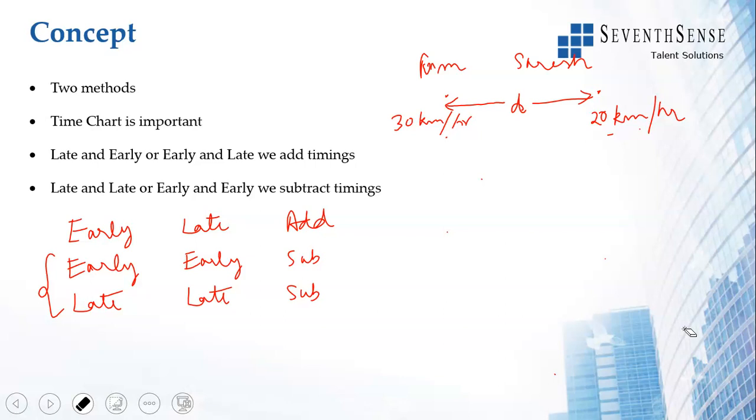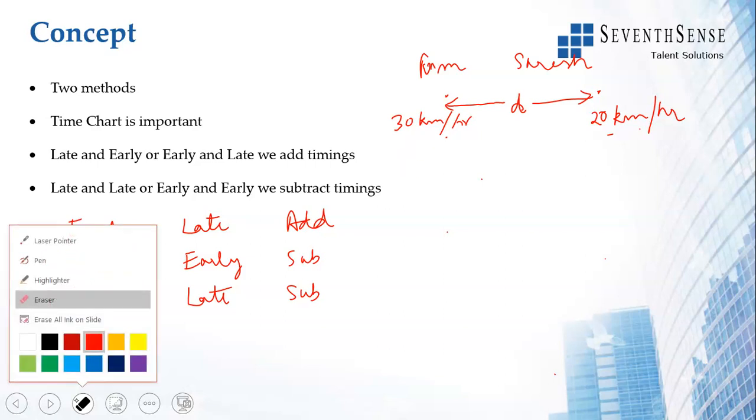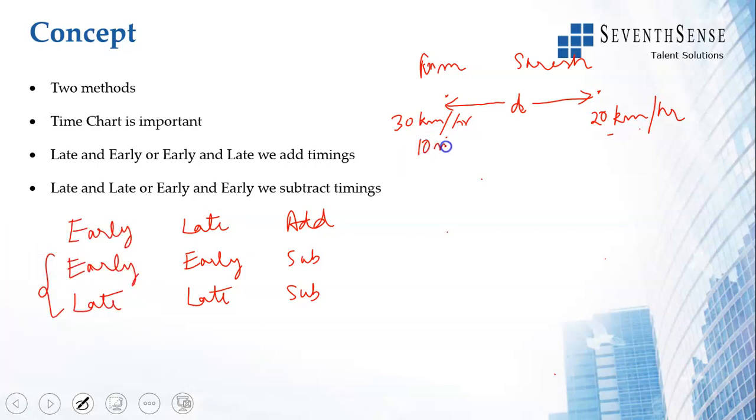The speed is still the same, but if it was 30 kilometers per hour, Ramesh would have been 10 minutes late.